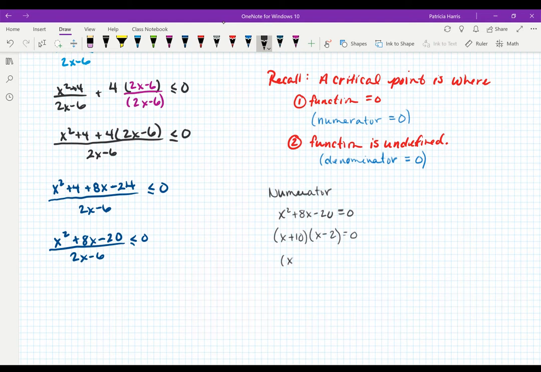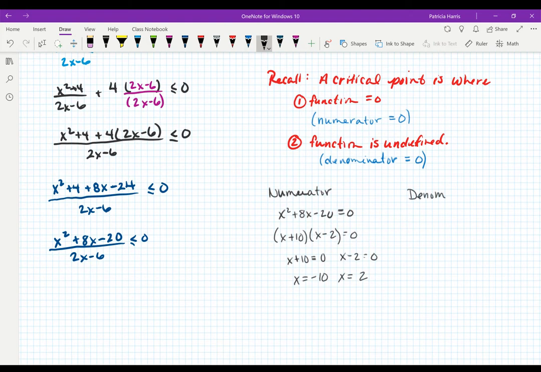Setting both of those equal to 0. Okay. So I get x is equal to negative 10 and x is equal to positive 2, so for some critical points. Now I have to take care of my denominator.